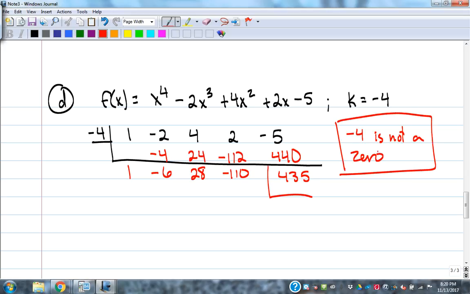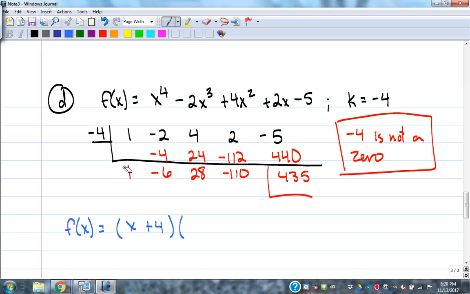So it may be as simple as a no on the question, but they may ask us to rewrite this in that form with the function. F of x equals, what is the factor that we're dividing by? It's negative 4, so that turns into x plus 4. It's just going to change the sign there. And then we've got the red part here.